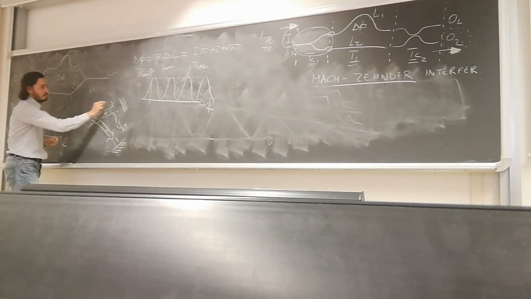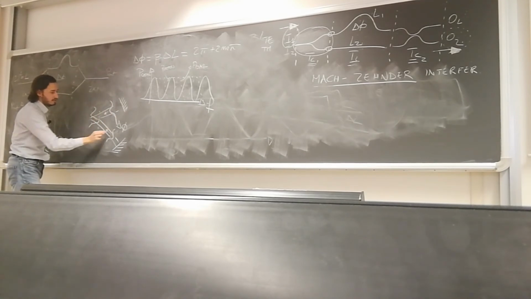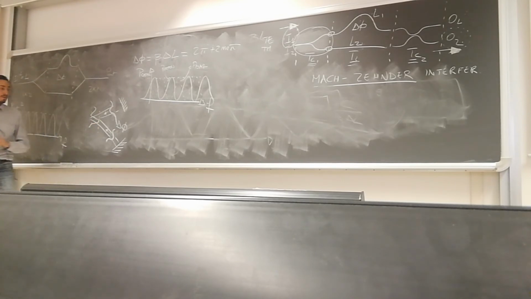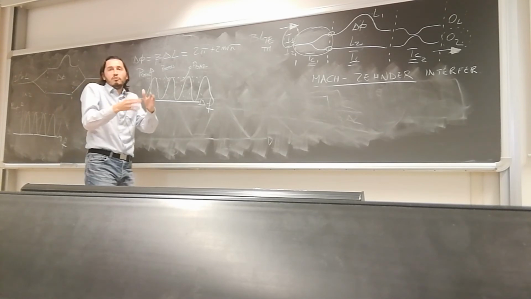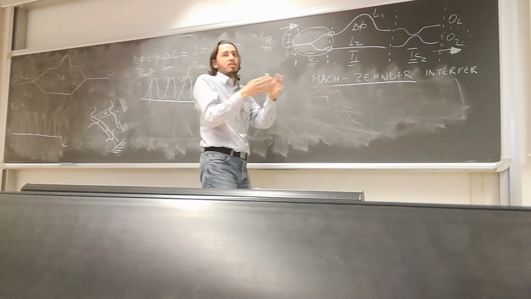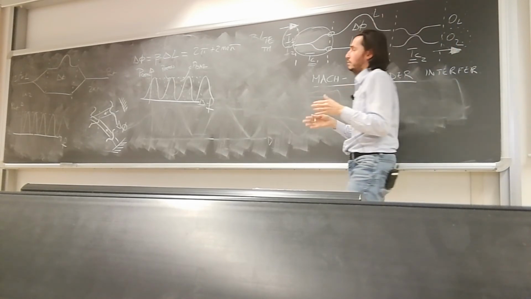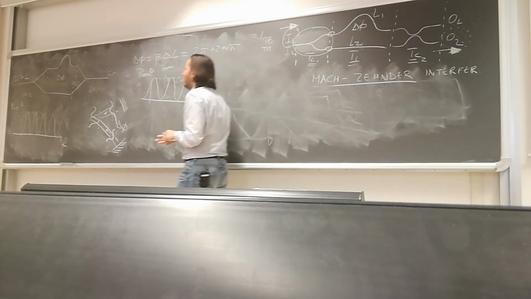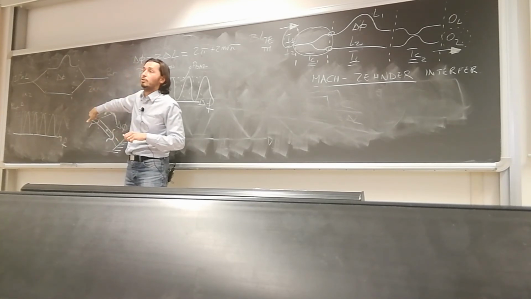Okay? Very qualitative description. This arrives from here, this arrives from the other side. And so they are exciting not the fundamental, but they are trying to excite the higher order mode, the second mode. But if this waveguide is a single mode, what is going to happen to this mode?